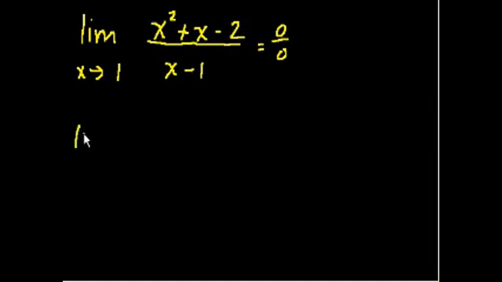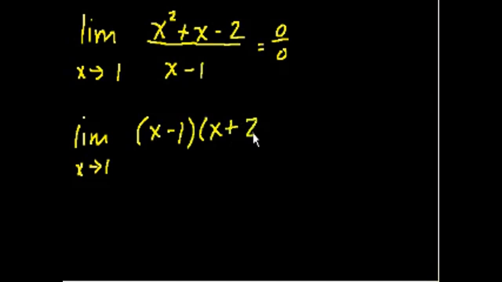So that's the same thing as the limit as x approaches 1 of x minus 1 times x plus 2, all over x minus 1. And I think you'll often discover when you see a lot of limit problems that even if this top expression is hard to factor, chances are one of the things in the denominator that are making this expression undefined is probably a factor up here.